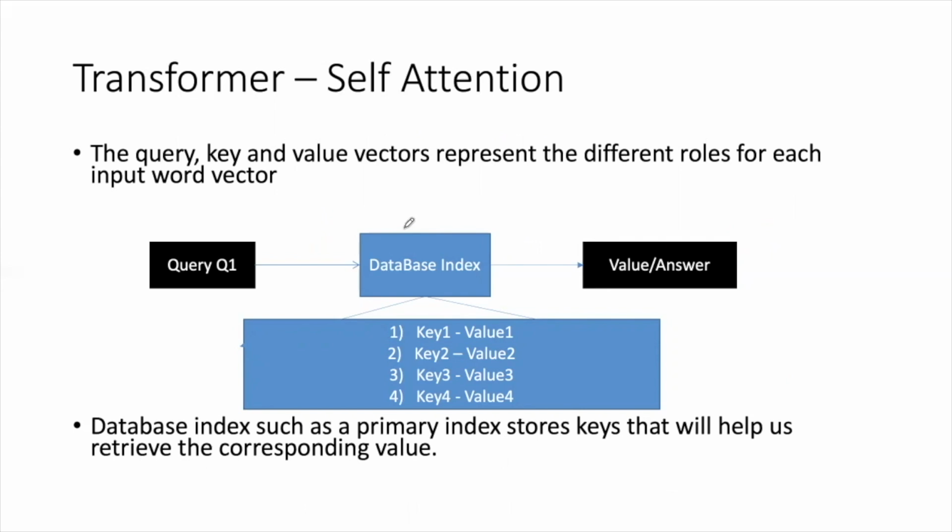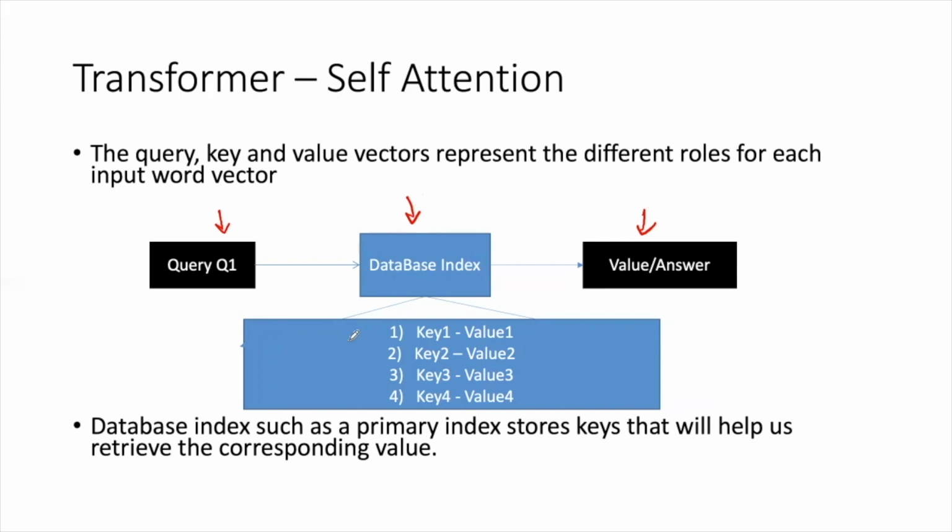In a database system, let's say we have a database index, typically a primary index, secondary index, etc. When we pose a query to the database system, it uses this database index to help fetch the value or the answer.